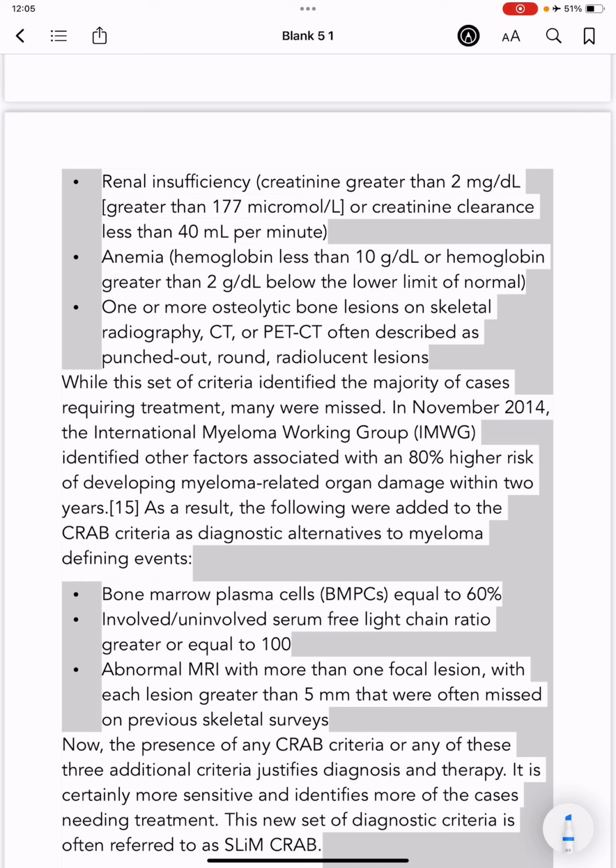Renal insufficiency: creatinine greater than 2 milligrams per deciliter, or creatinine clearance less than 40 ml per minute.